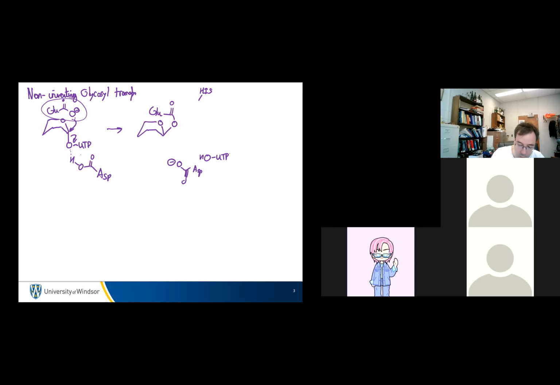And a reason normally why you get that kind of situation is normally acids are deprotonated by bases. And the standard base to do deprotonation in a lot of biology is histidine.